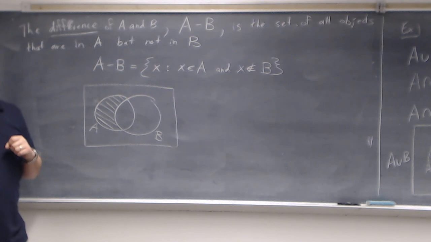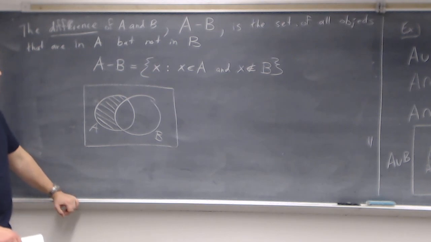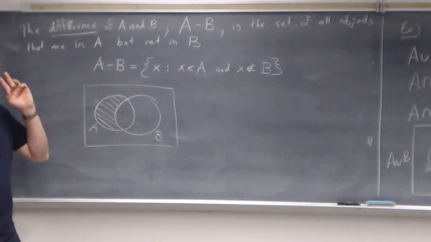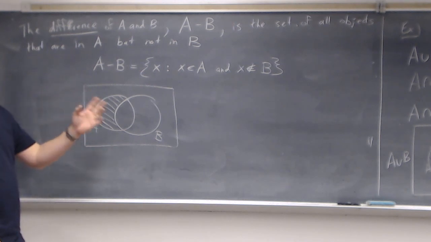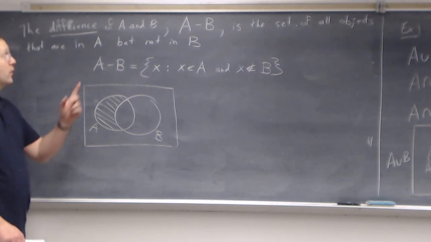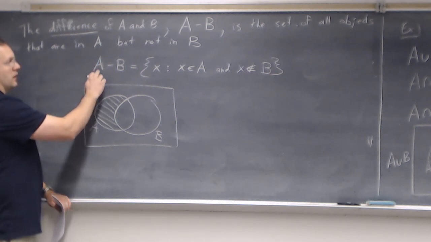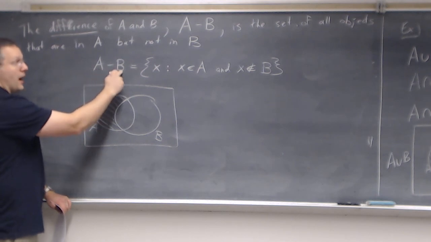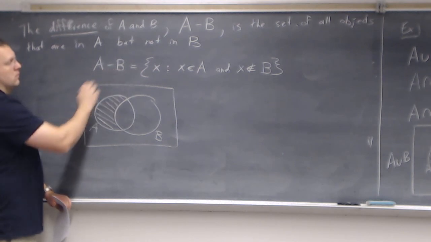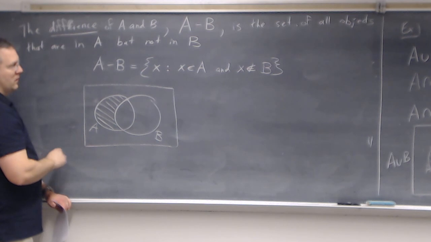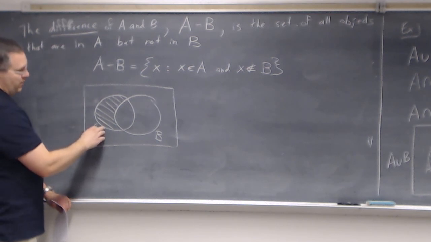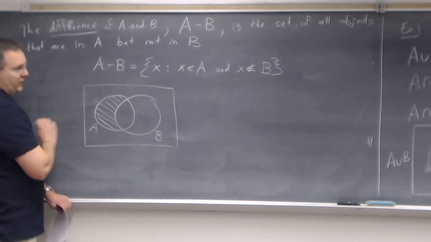Is A difference B different than B difference A? Yes, it is. That would be, you start with the set B, take out anything that's in A. So for the first one, the elements are in this set, not in this set. This would be the Venn diagram for that.